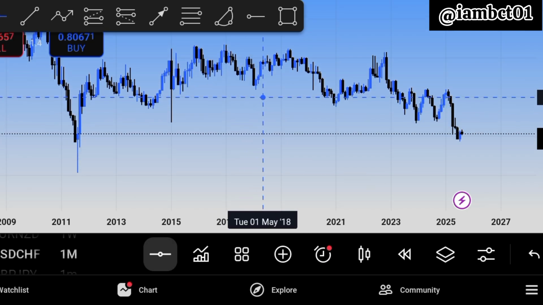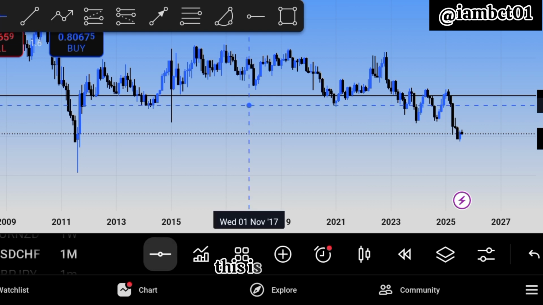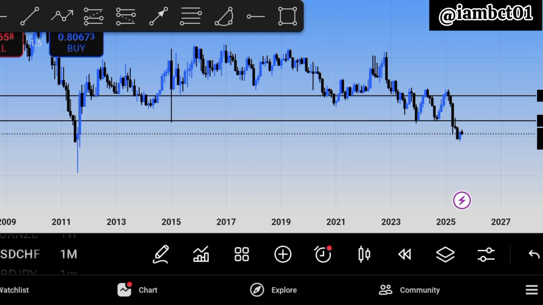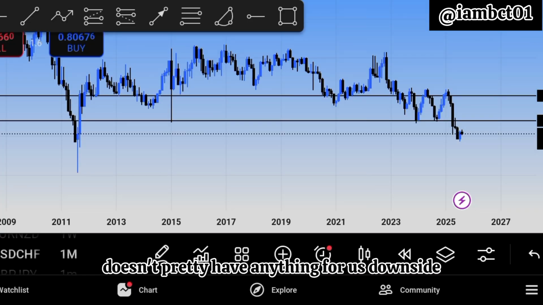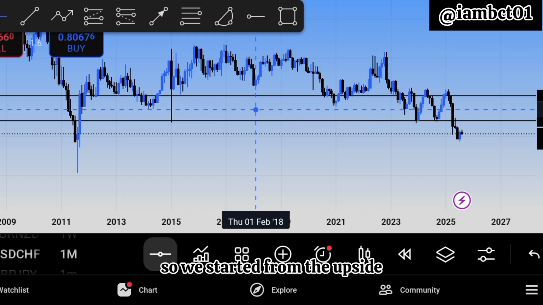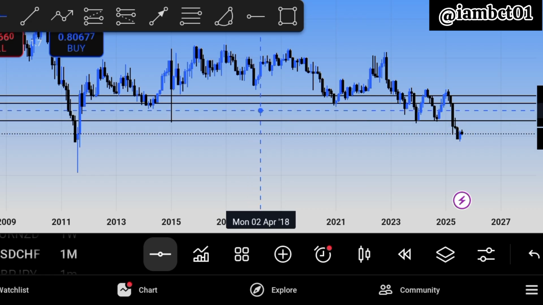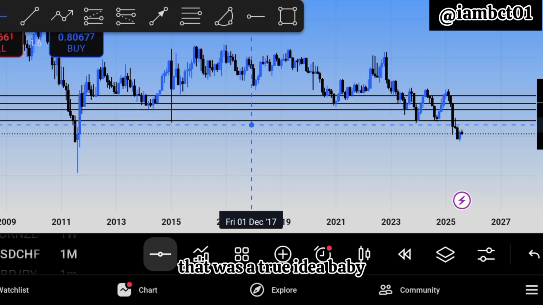So come on, my friend. This is the zone. This one doesn't pretty have anything for us downside, so we started from the upside. So this is the zone, and then yeah, that was it right there, baby.